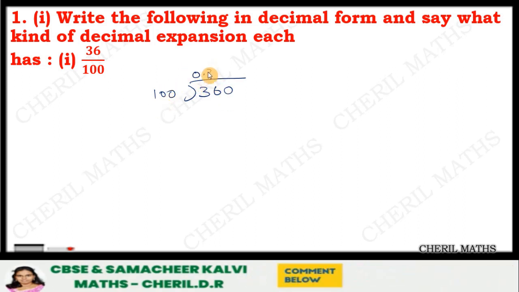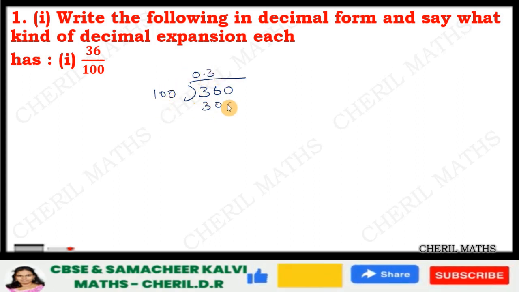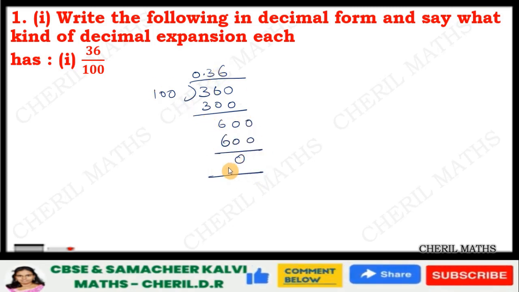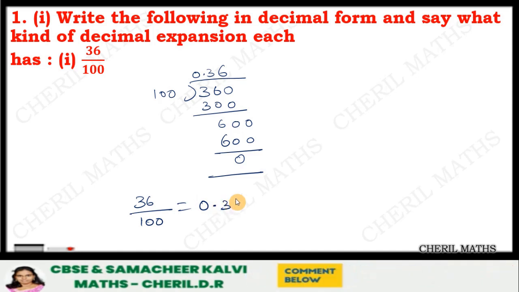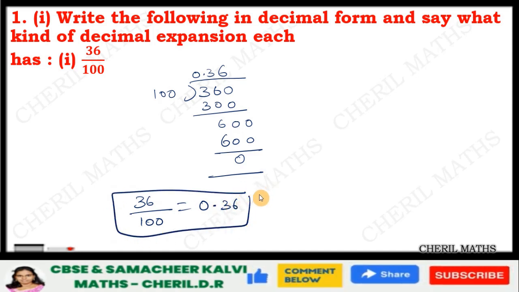Now 100 into 3 is 300, so you have 0 and then 6. Again you put a 0. 100 into 6 is 600, and your remainder is 0. So your decimal expansion for 36 by 100 is 0.36. Is it clear, children?